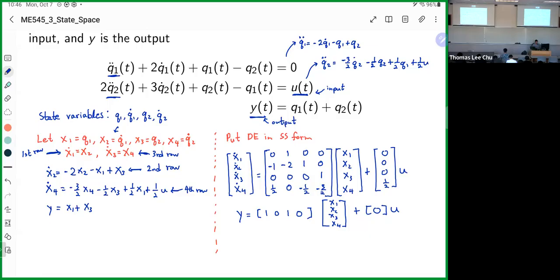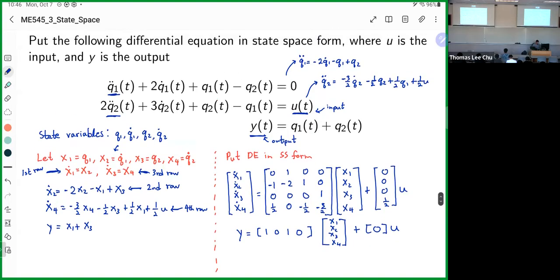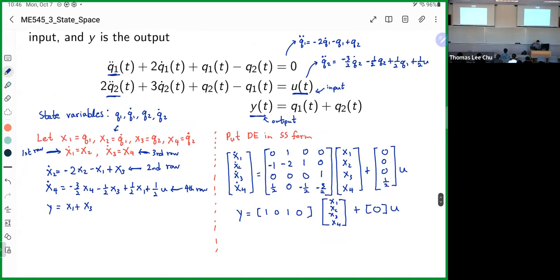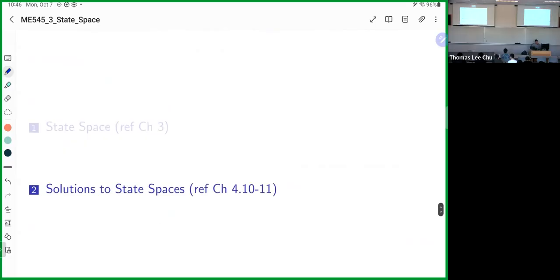Therefore we have a 4x4 A matrix because we have 4 state variables. And I think homework problem number 3 is similar to this. You just have to derive the differential equation from the free body diagram first.